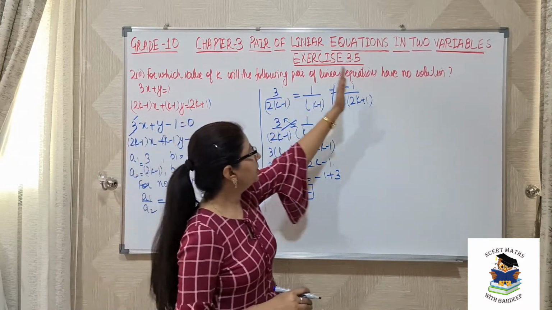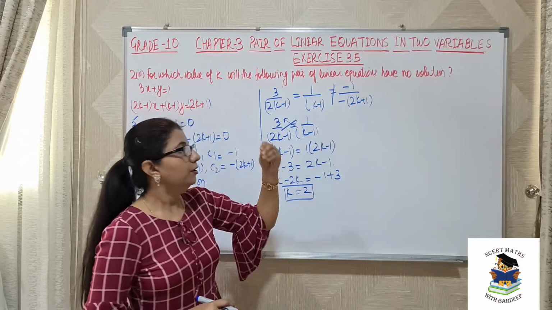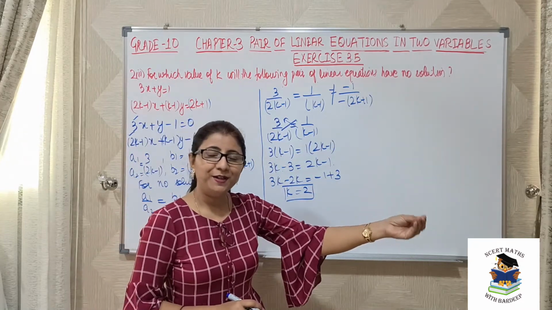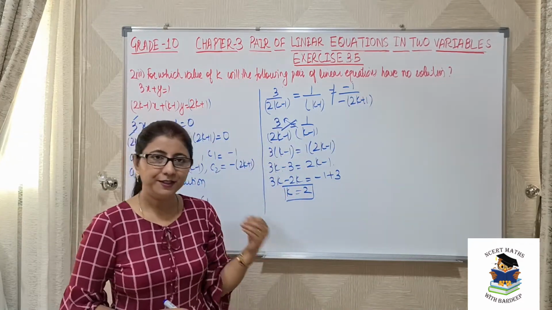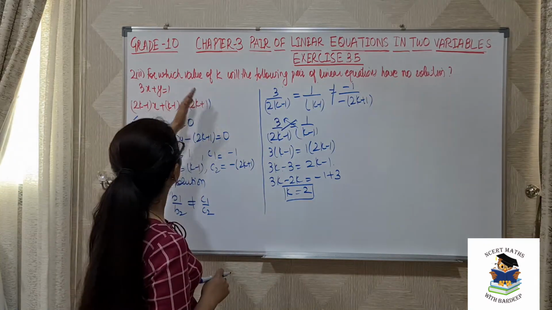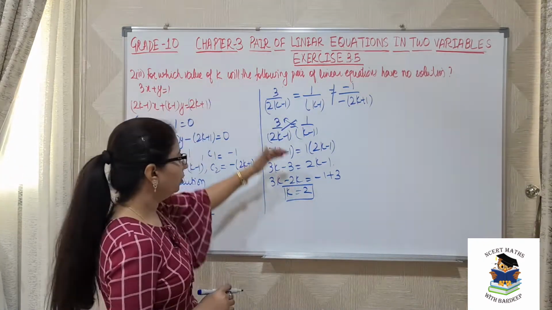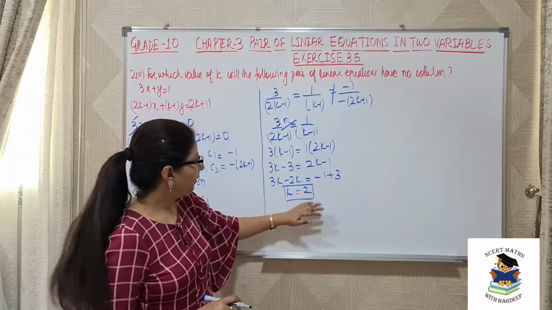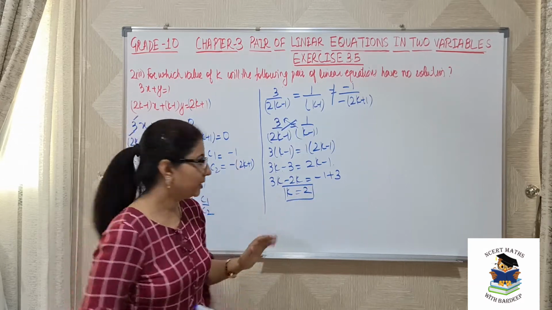So it means for k equals 2, this will have no solution. If I use the other two, then it will be for k not equal to that value. But since they have asked for which value of k, this is the value of k for which this pair will have no solution.